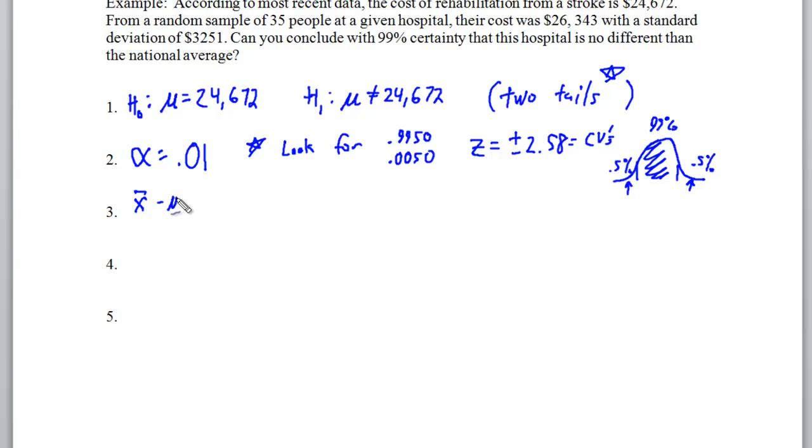We're going to run our sample average minus our average, divided by the standard deviation divided by the square root of n, which is our sample size.